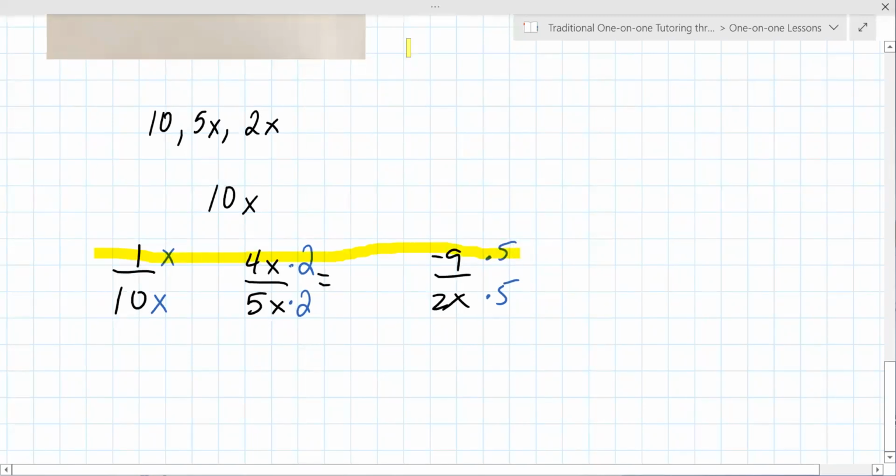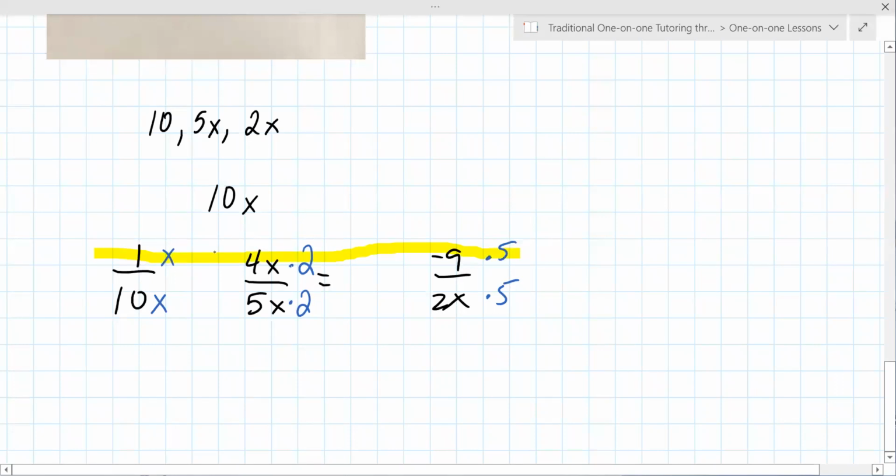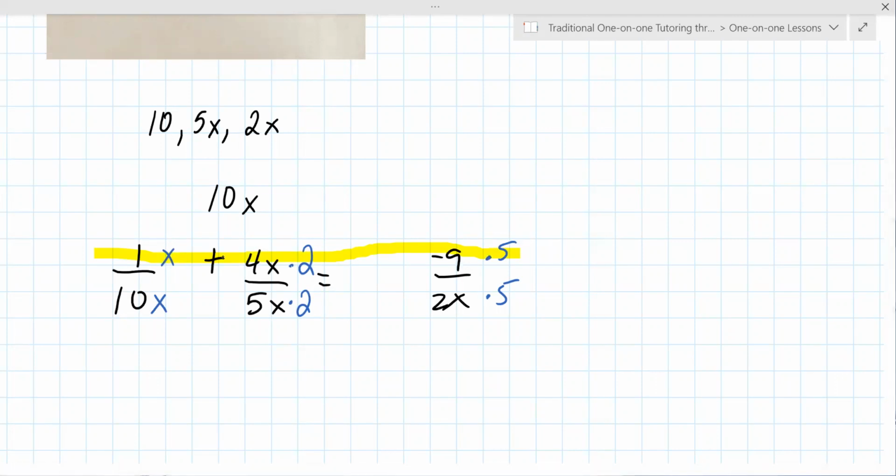Okay, so you look at the numerator. And there is a plus here. So now you just need to look at the numerator.